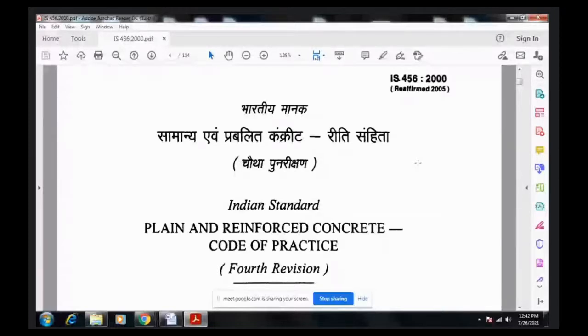Why? Because maybe in a small building you are using steel of low strength, but in a skyscraper you are using very high quality, high strength concrete, or very good quality steel having high strength.